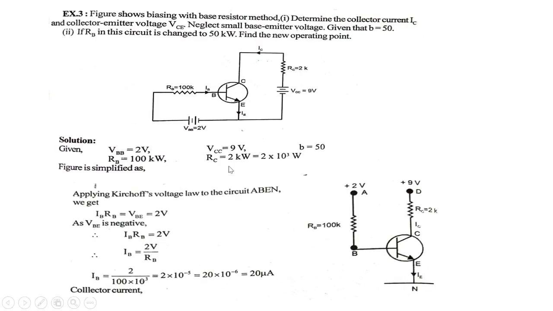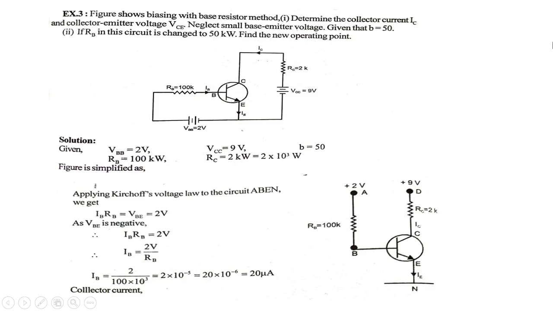Now see next example, that is, figure shows biasing with base resistor method. Determine the collector current IC and collector emitter voltage VCE. Neglect small base emitter voltage, given that beta equal to 50, and second, if RB in this circuit is changed to 50 kilohm, find the new operating point.